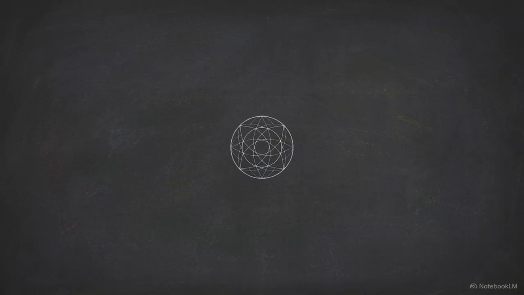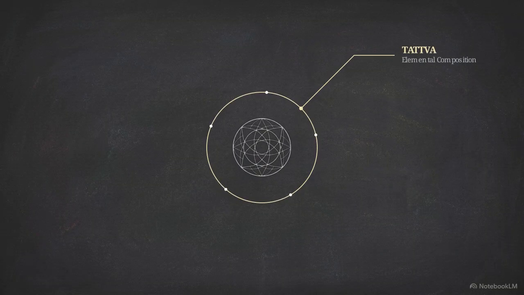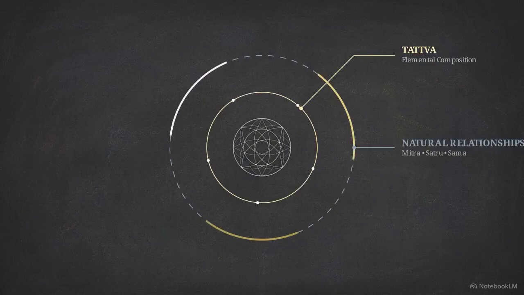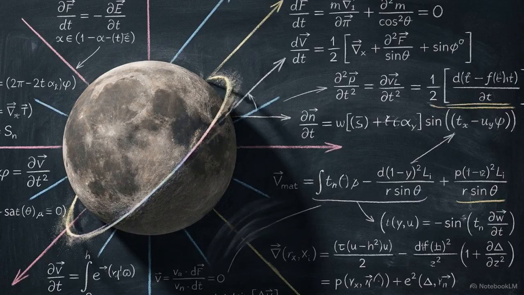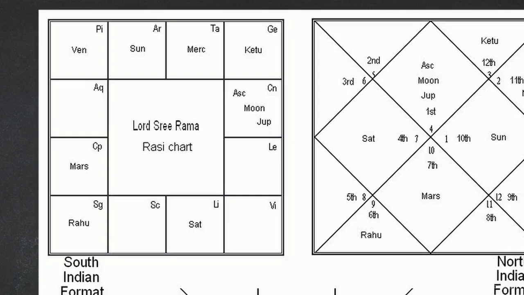Every plotted graha possesses inherent behaviors dictated by its natural relationships, planetary dignities, and elemental composition. But spatial geometry alters those inherent baselines. The positional reality of a specific chart forces temporary modifications to how a planet operates. Temporary friends are calculated through geometric proximity.